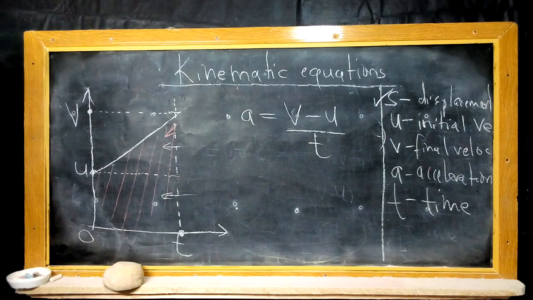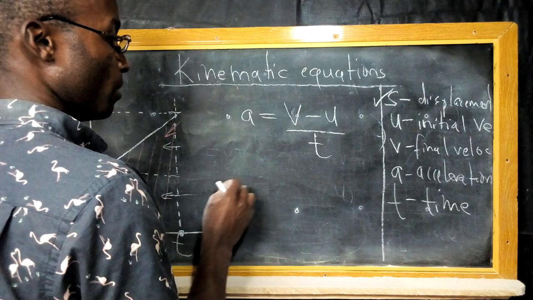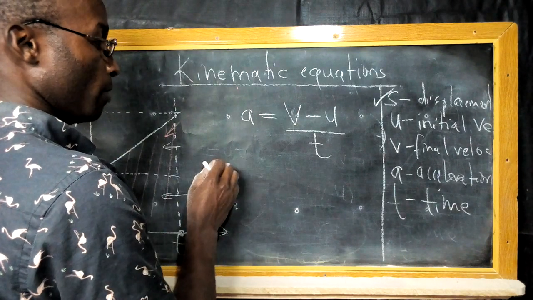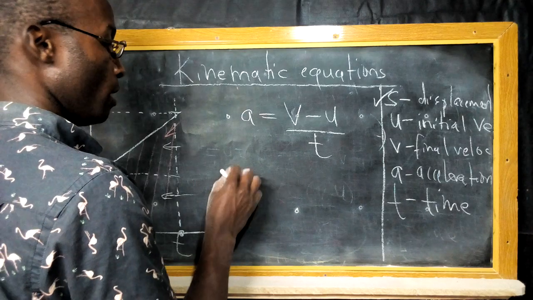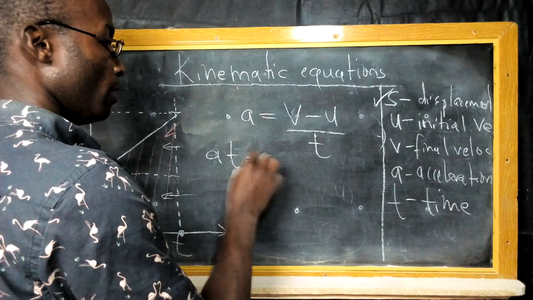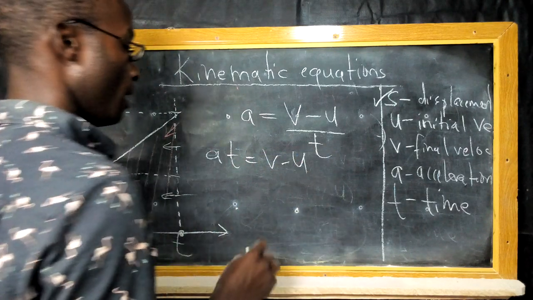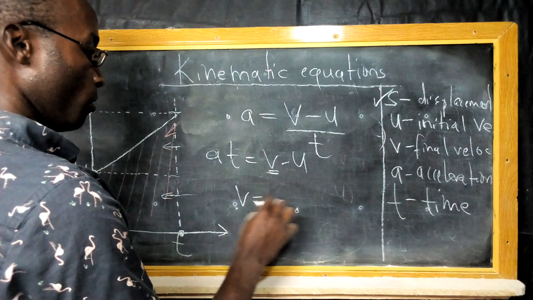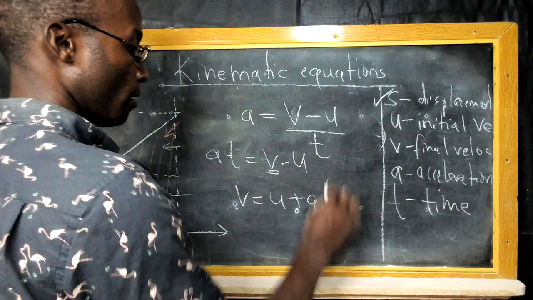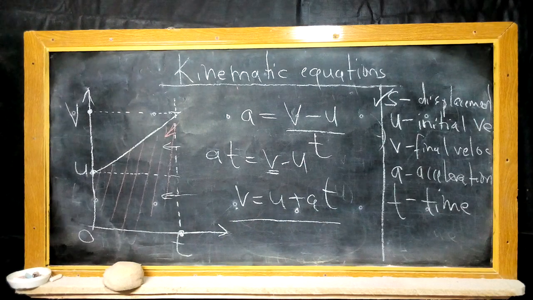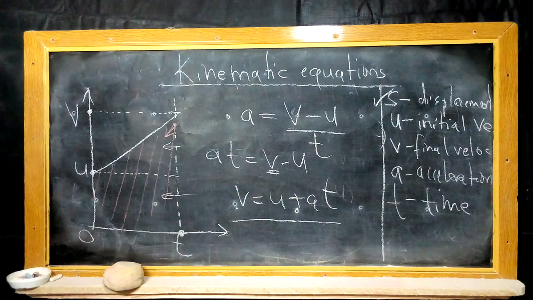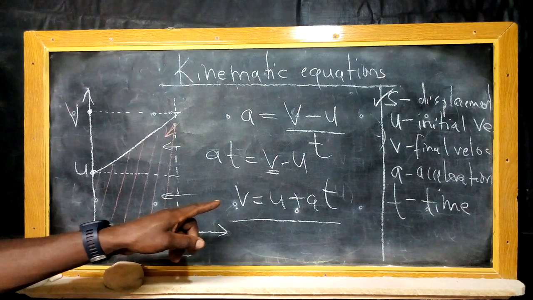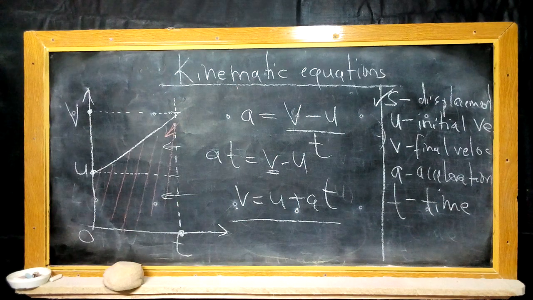Making a rearrangement, we can make v the subject of the formula by multiplying both sides by t and then adding u. So it will be at equals v minus u. Making v the subject, we shall have v equals u plus at.